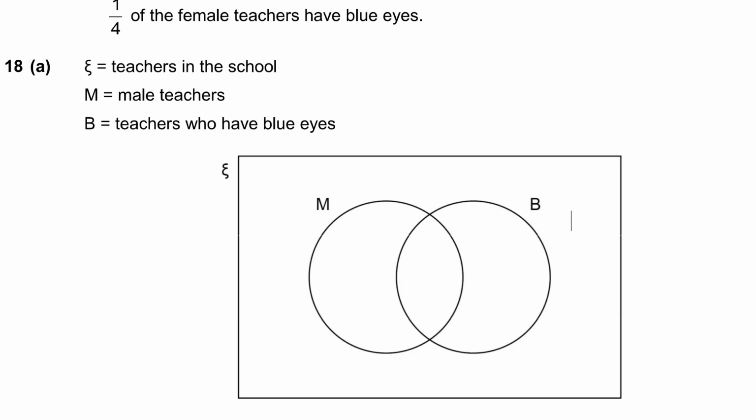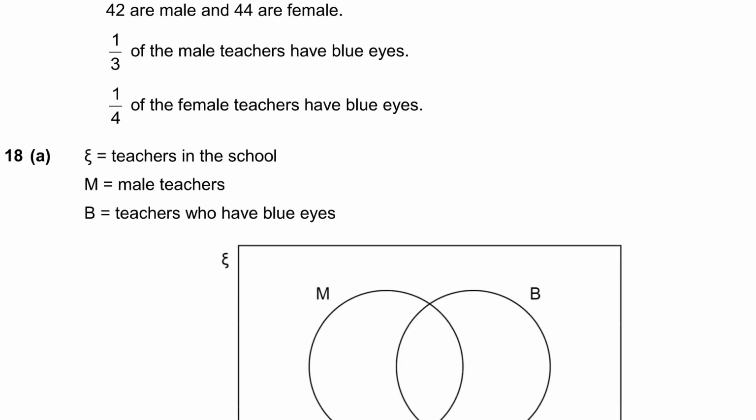Okay, so where shall we start? I think if we look at this bit here, 42 are male and 1/3 of the male teachers have blue eyes. That means we can work out what the intersection is going to be. So we've got 42 male teachers altogether and 1/3 of them have blue eyes.